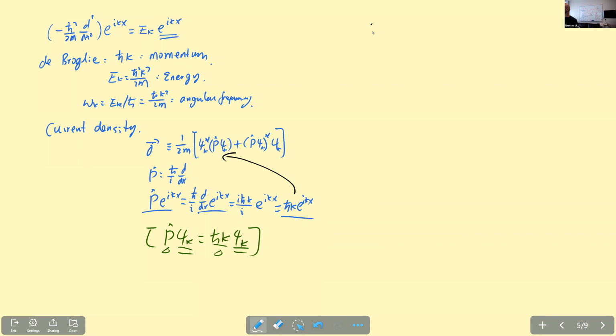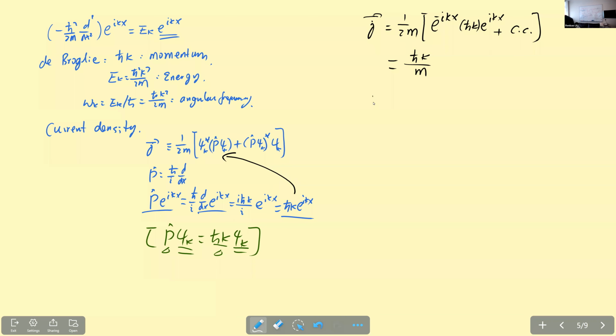So the result is J just equals 1 over 2m, e^{ikx} complex conjugate, so that's minus, times h bar k times e^{ikx}, right? And then plus another term, that's the complex conjugate of this one, basically. So this one is nothing but just h bar k over m.